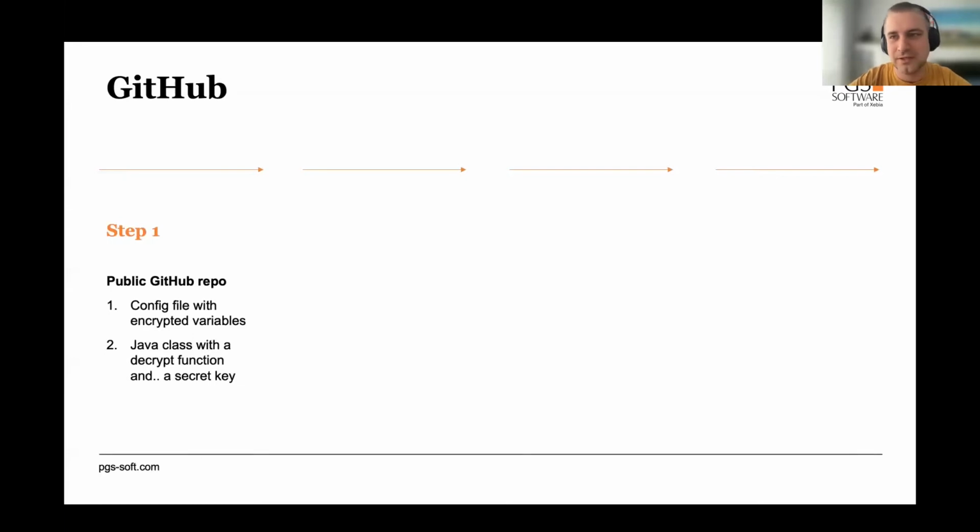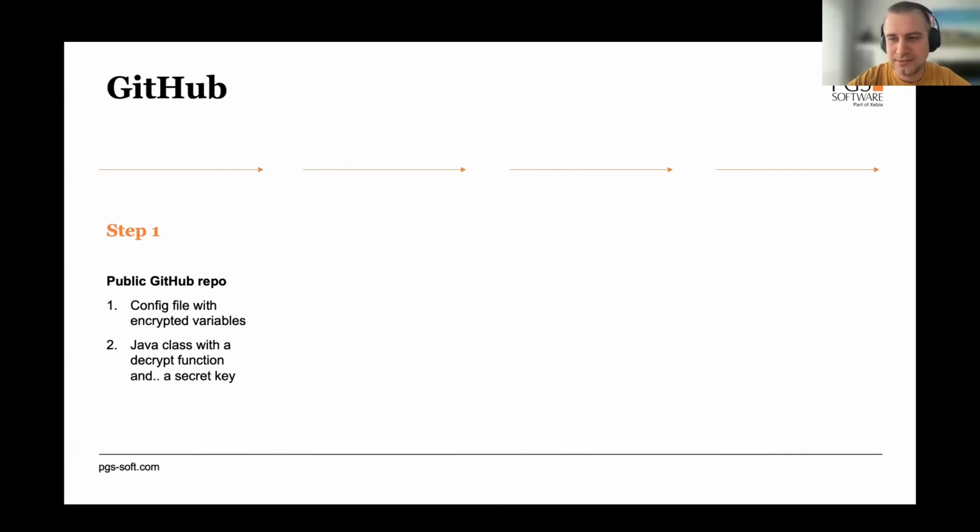There were many GitHub repositories with many different plain text credentials, but I found one repository with a config file where all the config variable names were plain text, but the values were encrypted. So a bit different than all these plain text ones.